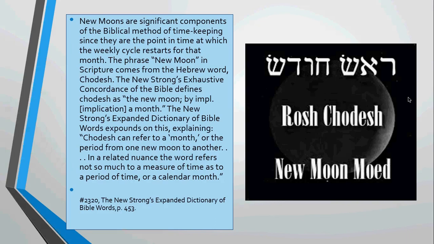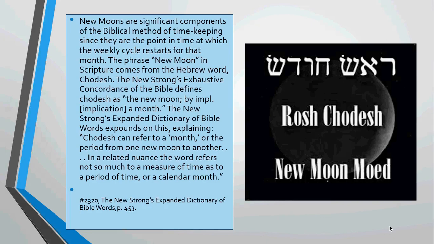New moons are significant components of the biblical method of timekeeping, since they are the point in time at which the weekly cycle restarts for that month. The phrase new moon in Scripture comes from the Hebrew word Kodesh. The New Strong's Exhaustive Concordance of the Bible defines Kodesh as a new moon, by implication, a month.